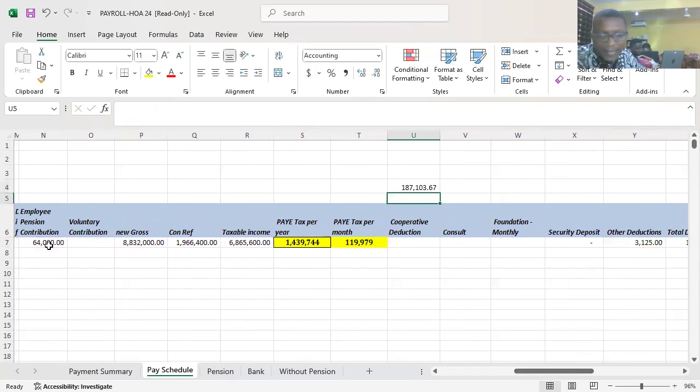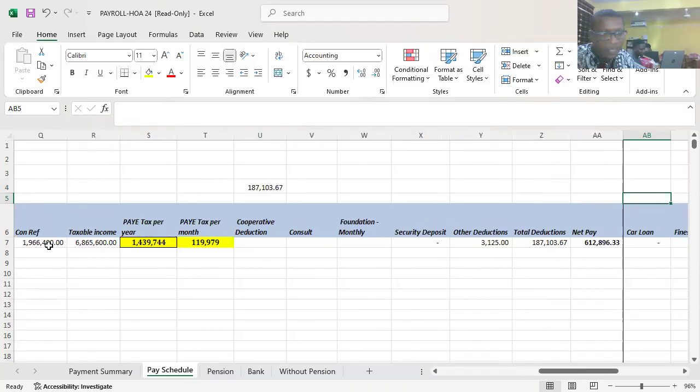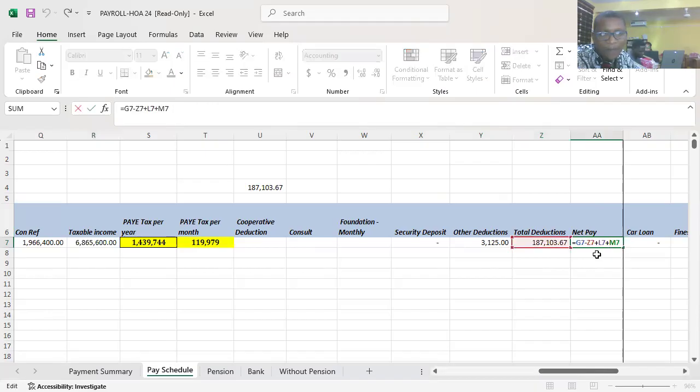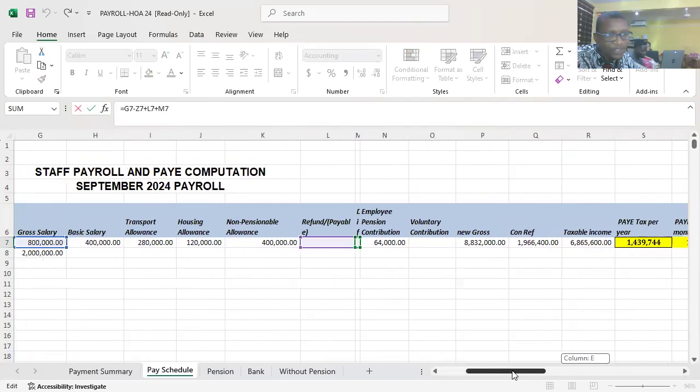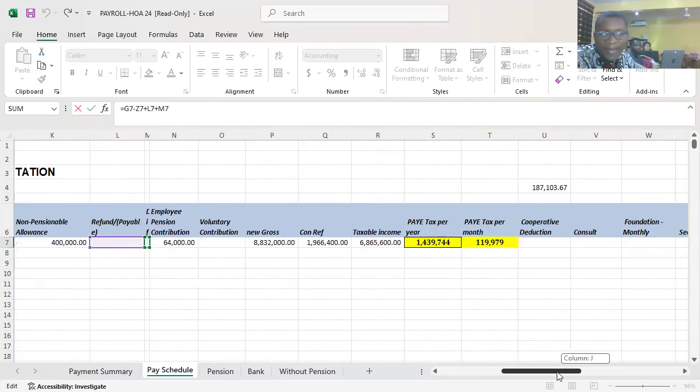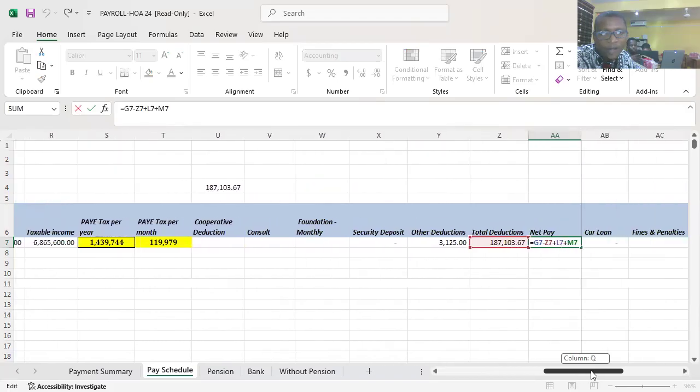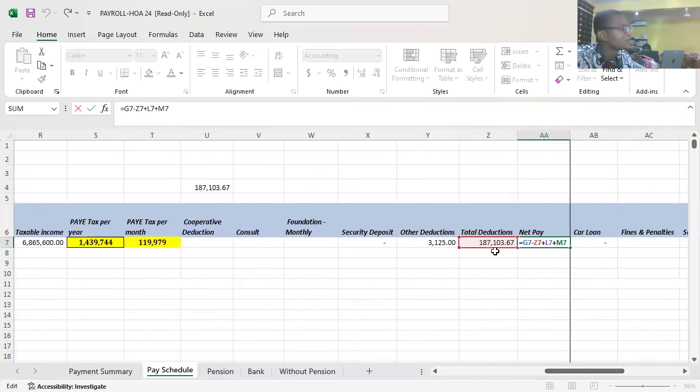When you say enter, that will give us the total deduction we have, because that is all the deduction we have there. Are we getting that gist now? So if this is the deduction, our net pay will now be the gross the person is collecting per month, which is 800, minus all the total deduction, which is 187.